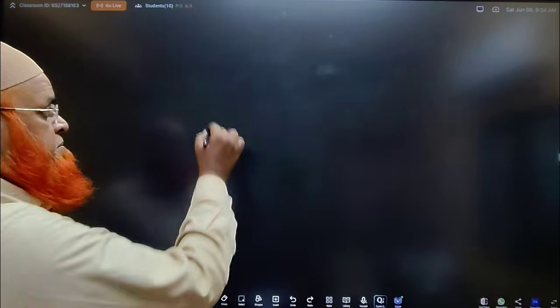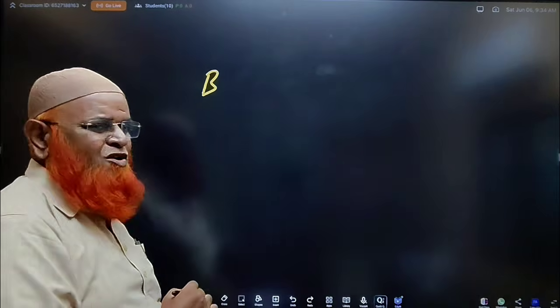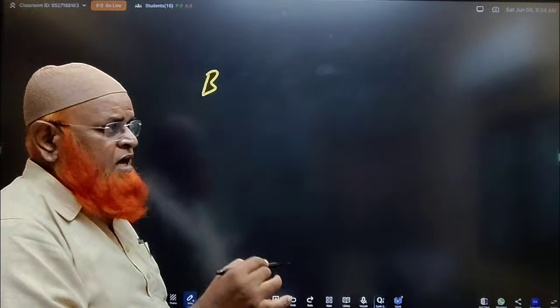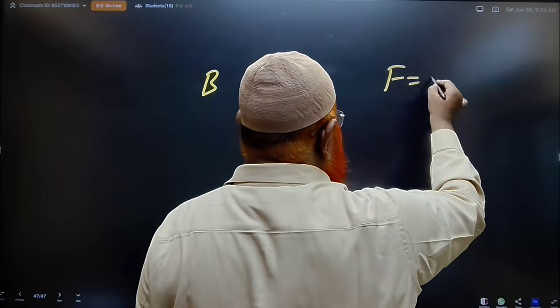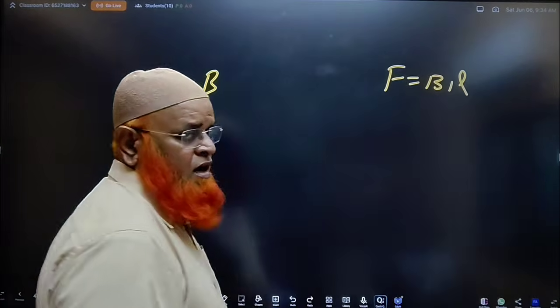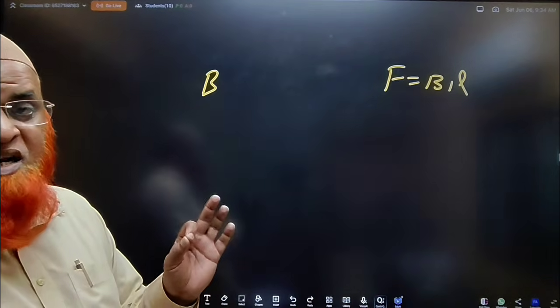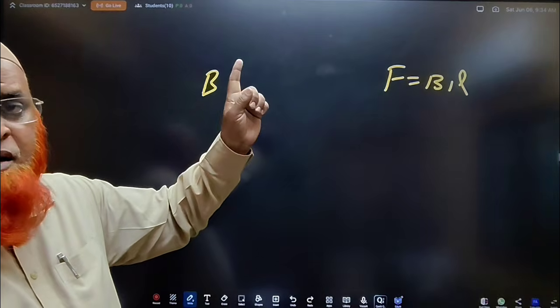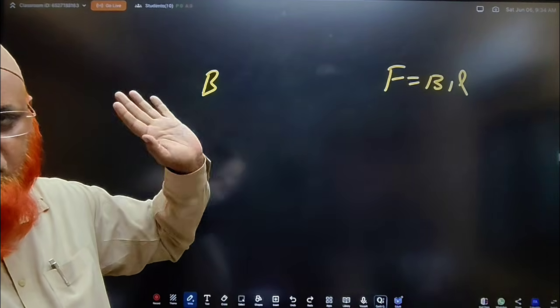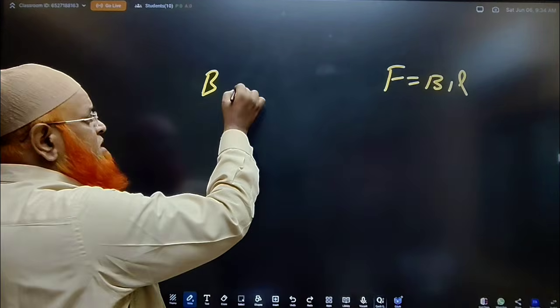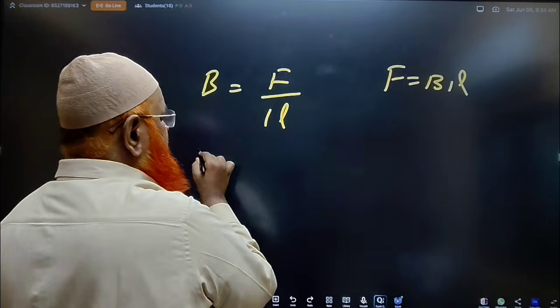Magnetic field, that is B. Do you know from where we should derive the magnetic field? The easy method for B is F is equal to BIL, the formula which is present in moving charges and magnetism. Force is BIL, remember it as bill. So B is nothing but F by IL.